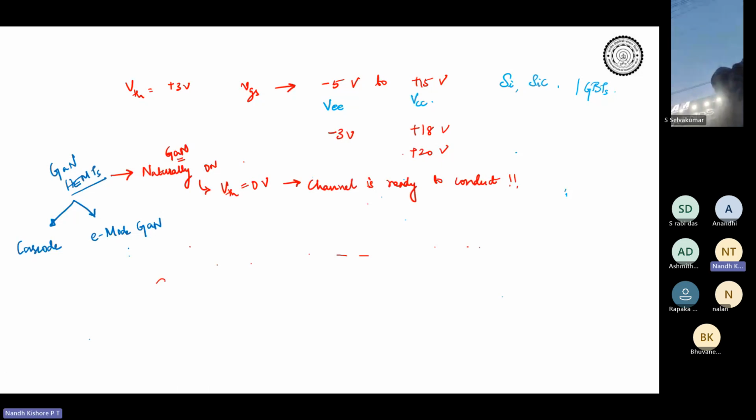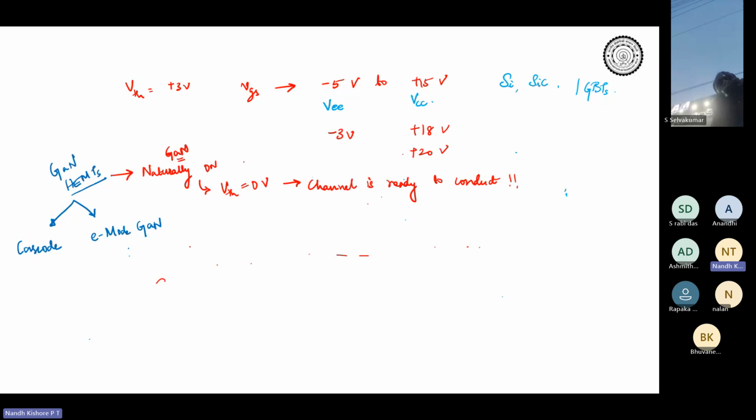Obviously this is something that we don't want, right? As a power electronics engineer, we want to operate the devices as a switch. We don't operate the devices in the linear region or in the saturation region. So we want to operate the devices as a switch that is on and off.